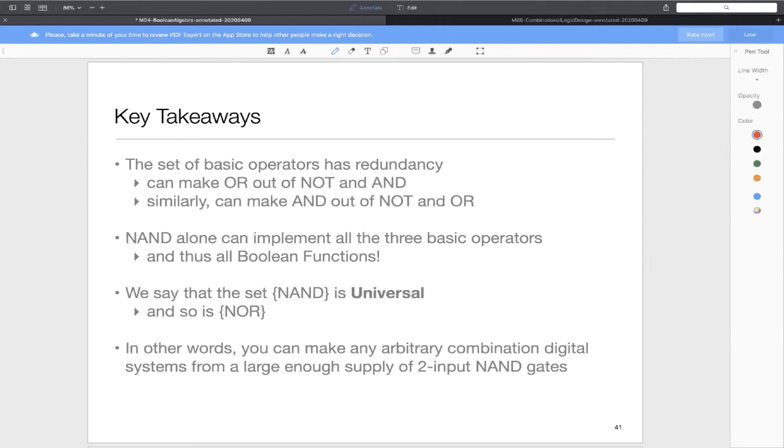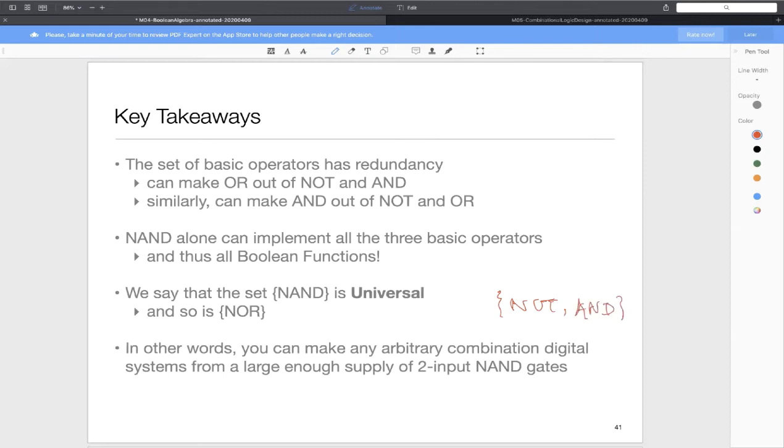Now, any set of gates, we will call it universal if it has a property that I can implement anything with it, right? So NAND, the set consisting just of the NAND gate, is universal, or a set consisting just of the NOR gate is universal, and so is, let's say, NOT and AND, right?